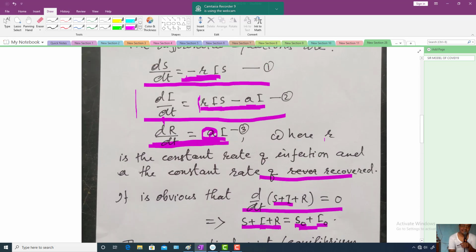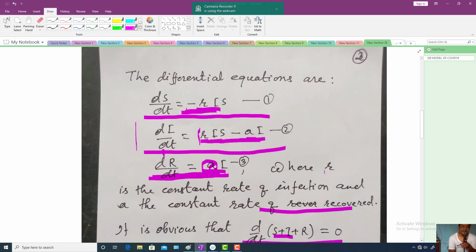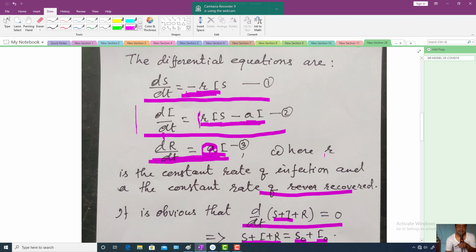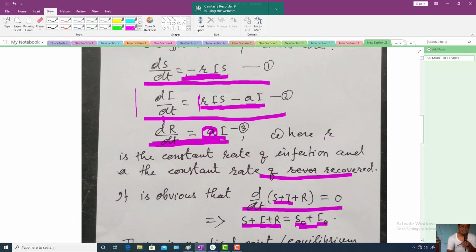Again, from this equation, there is no fixed point or equilibrium point. Why? In order to have an equilibrium point or fixed point, dS by dt has to be 0, but I is never 0. The pandemic has already started, so I naught is there, S naught is there. They are not going to be 0 at any time. So there is no fixed point, no equilibrium point.